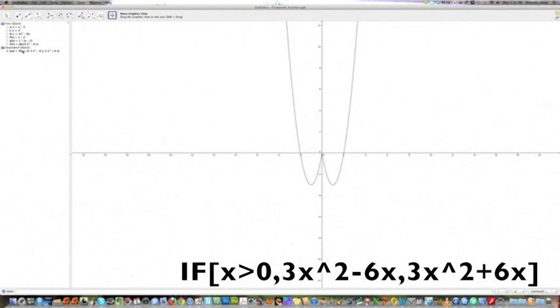I am being a little bit loose in my greater than or equal to symbol here, because the graph is continuous at 0, so there's no gap. But I should probably have greater than or equal to 0 here to be absolutely sure. So the if statement shows the condition, what to show if the condition is true, and then after a comma, what to show if the condition is false.